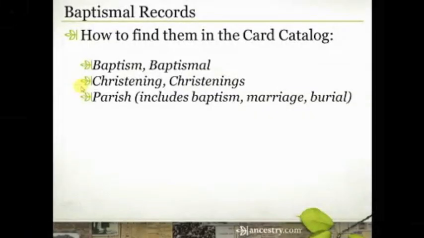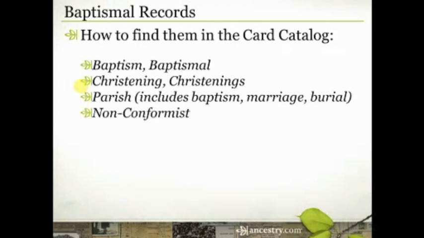The fourth and final category, I'm having some real language problems talking today. The fourth and final category that you would use to search for is the word or the phrase nonconformist. Here's the deal with nonconformist records. In many countries, over the course of history, there has been a state church.